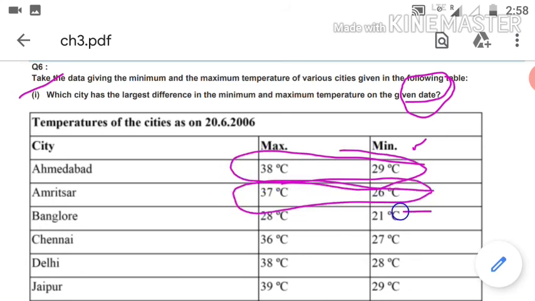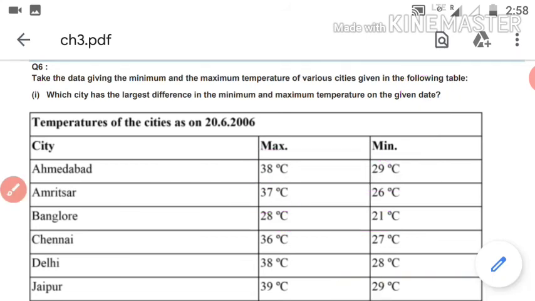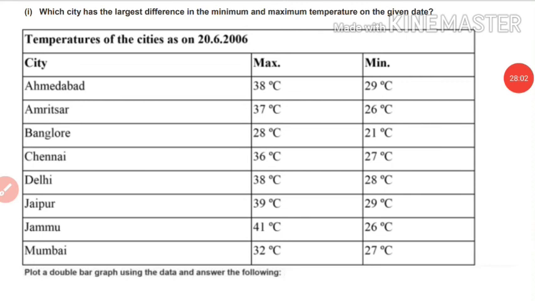If you take all these differences, you have to find the maximum and the minimum one. For which city it is maximum and for which city it is minimum. Without doing this difference, without doing minus, we can give the answer by looking at the graph. So for that, first we have to draw the graph.